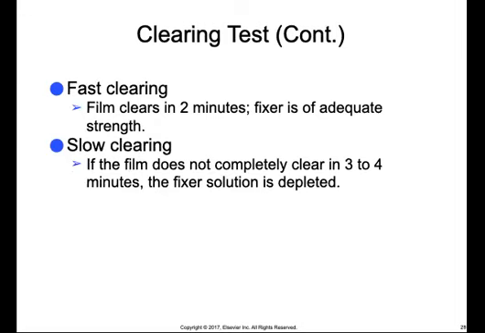If the film clears in about 2 minutes, the fixer is of adequate strength and we can go ahead and process the film. If the film is not completely clear after 2 minutes, we'll want to re-immerse it in the fixer solution. If it still doesn't clear after about 3 to 4 minutes, the fixer solution is depleted and we'll want to change or replace it before proceeding with the processing.